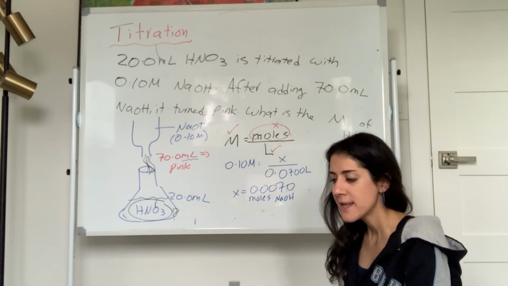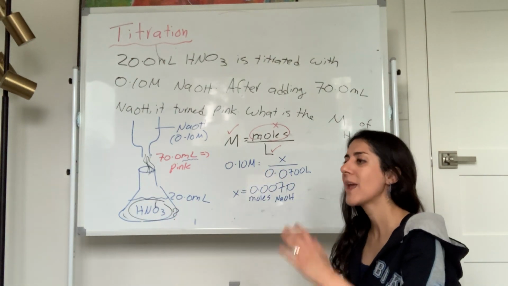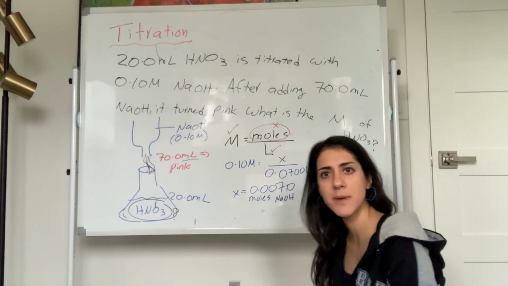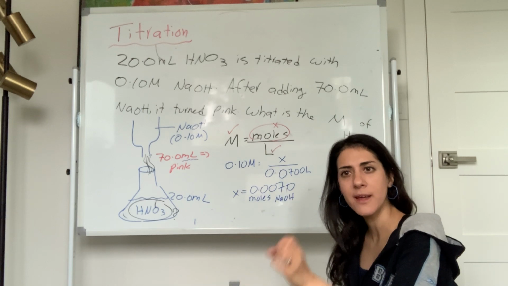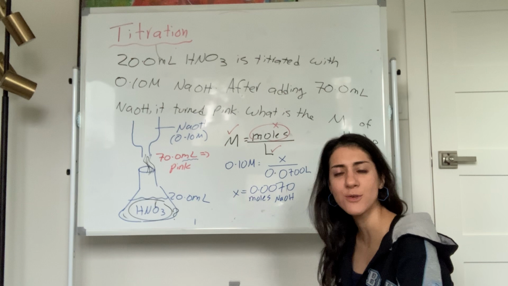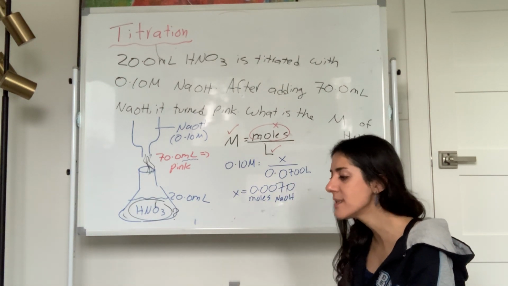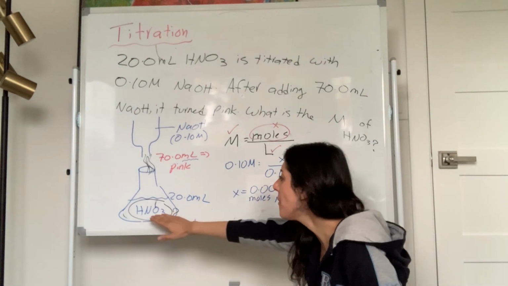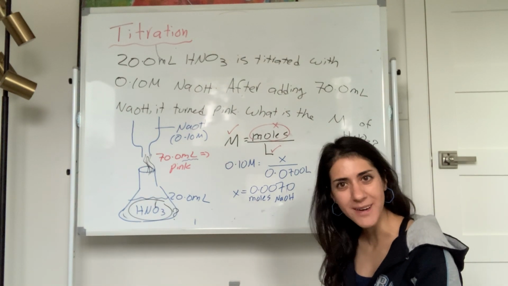I've added that. Now remember the practice problem that I showed you before this. We added 3 sodium hydroxide and then it turned pink, which means we had 3 acid in the solution. Now, I added 0.0070 moles of NaOH and then it turned pink. So how much nitric acid did I have in here? The same number, right?